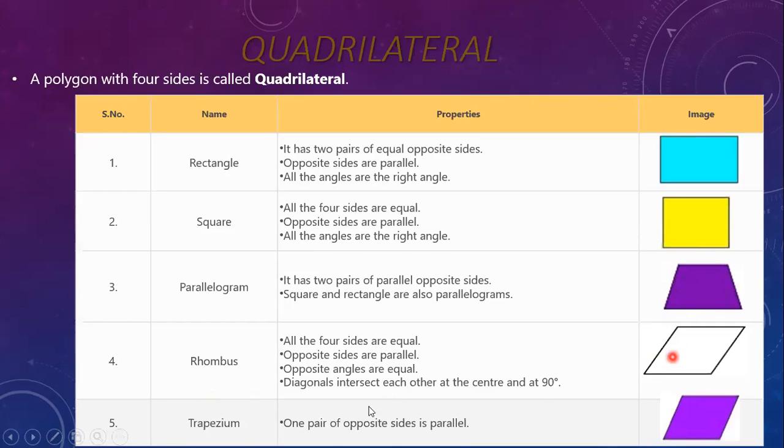This is about rhombus. Next is trapezium. One pair of opposite sides is parallel. Only one pair of opposite sides will be parallel. So this is about quadrilaterals and their types.